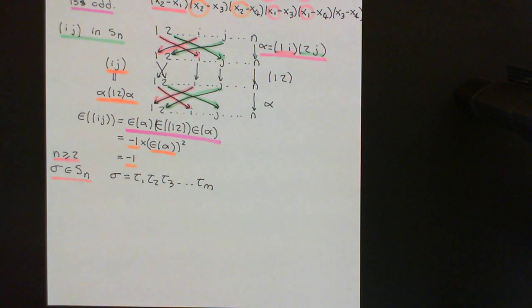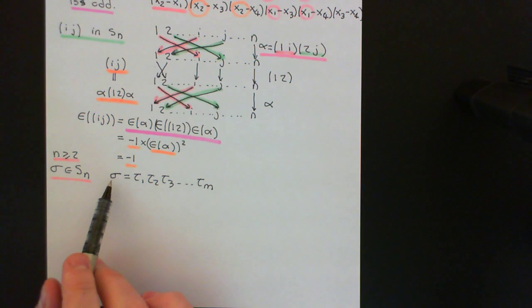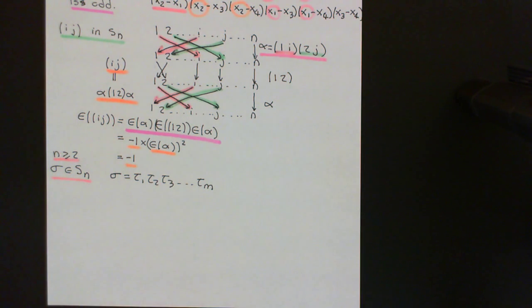The claim is that no matter which decomposition into transpositions you come up with, the parity of that always remains the same, i.e. whether you've got an odd number or an even number remains the same for this specific element. Okay, yes, for different elements of the symmetric group on the set of n elements it might differ.